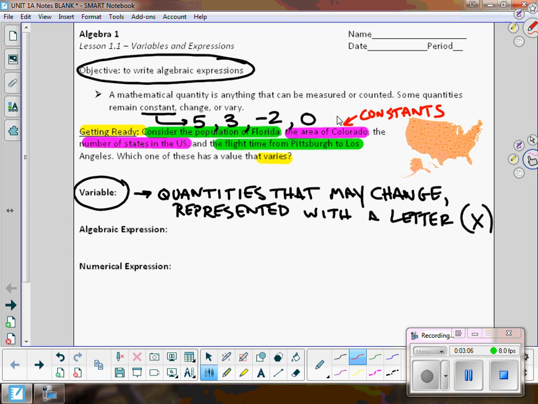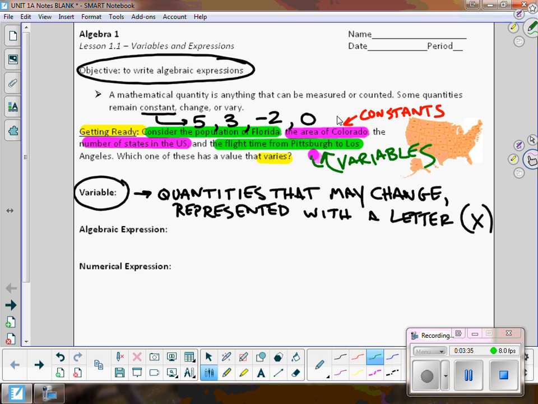The other 2, the flight time from Pittsburgh to LA and the population of Florida, those are known as variables because they change. Think about going from Pittsburgh to LA. That flight time might be different based on the weather or based on the route that the pilot will take. Population of Florida, you have people moving in and out of the state, so it will change.